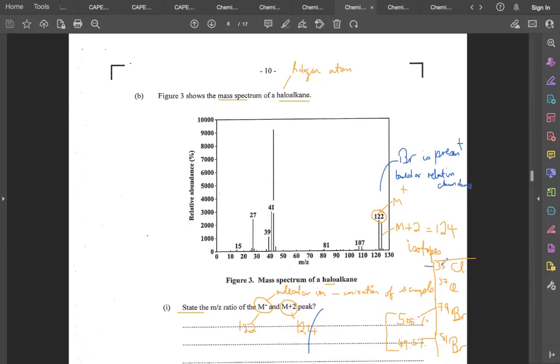In the case of chlorine, this one is actually 75%, and then, so I guess 75.5 or 74.5, sorry. So it would be 74.5%. And then the 37 would be 24.5%.